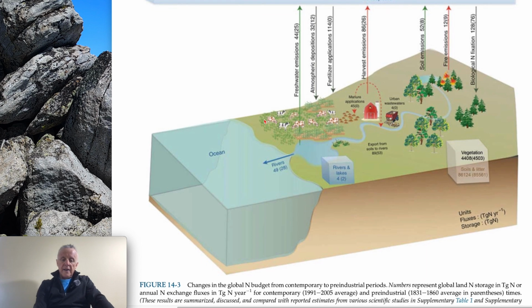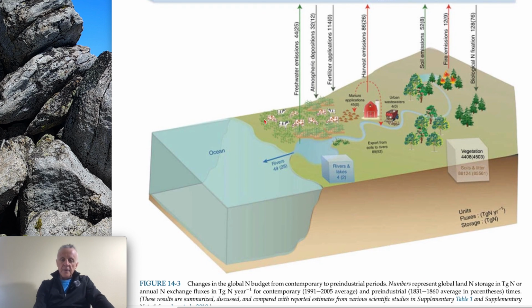So we have the pre-industrial values in parentheses, and then we have the values between 1991 and 2005 without the parentheses. So freshwater emission, we have about twice post-industrial compared to pre-industrial.